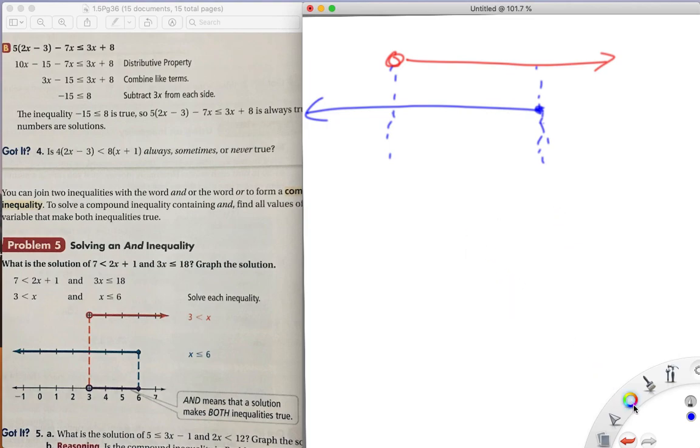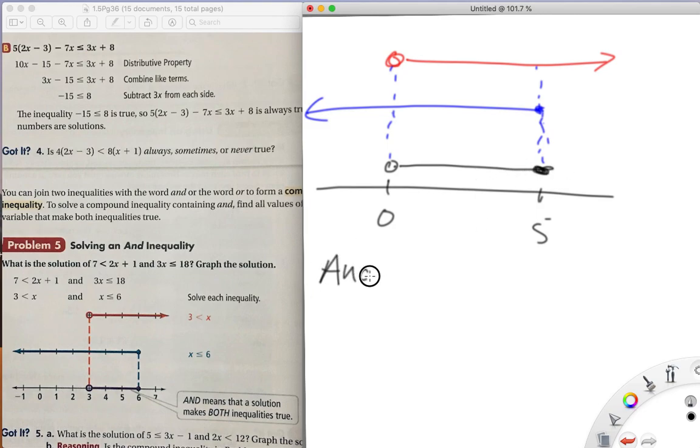So we have some number line, I'll just say between 0 and 5. This is the part where this is an AND scenario.